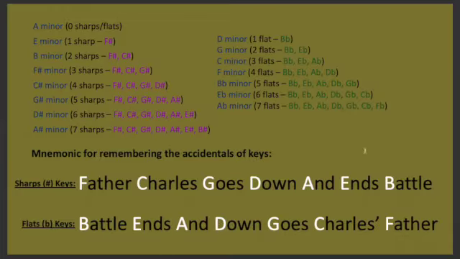So this is quite handy because then you can just memorize the minor keys and correspond that to the number of sharps or flats in that key signature. And by learning this mnemonic, it can help you basically generate the key signature immediately.